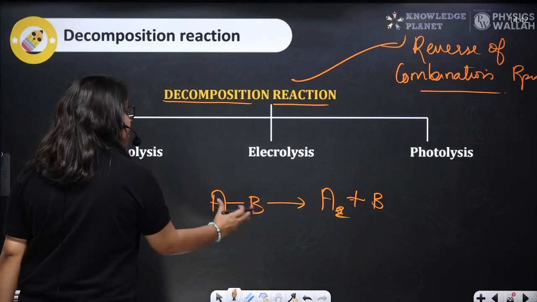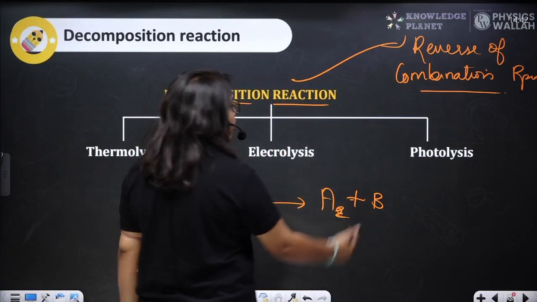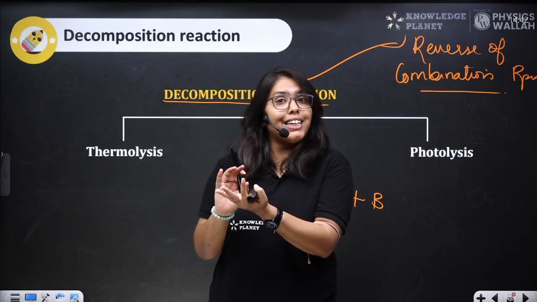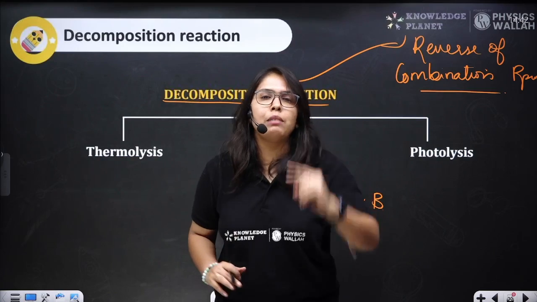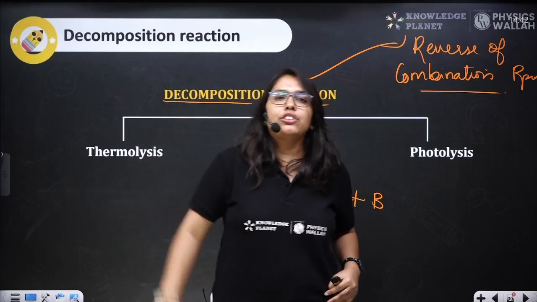A single reactant is going to break down to give rise to two or more products. And what was combination reaction? When two or more reactants interact to give rise to a single product. Is it not the reverse? It is the exact reverse of combination reactions.